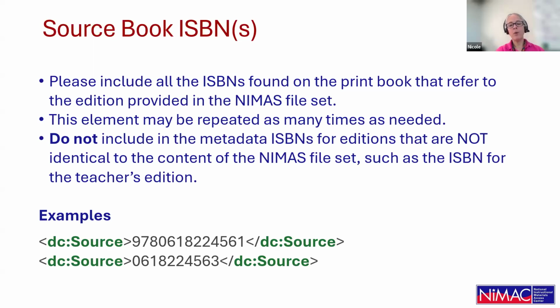This is because of the way that the NIMAC system searches. If you actually include those hyphens, then what's going to happen when the user does the search? Well, first of all, we'll fix it, so this won't actually happen. But if we weren't to fix it, then it would actually look for all of those little pieces of the ISBN in any other ISBN that's in the system. So for searching, we just want you to be sure to leave out the hyphens.